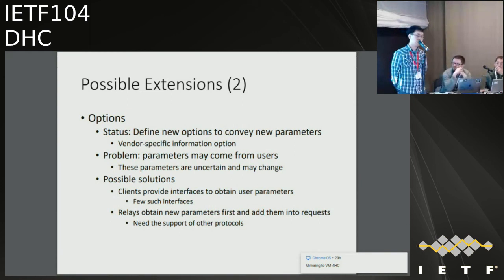We think there are two kinds of possible solutions. The first one is that clients provide interfaces to obtain user parameters. However, there are few such interfaces. The second one is that relays obtain the new parameters first and then add them into DHCP requests. However, this needs the support of other protocols.